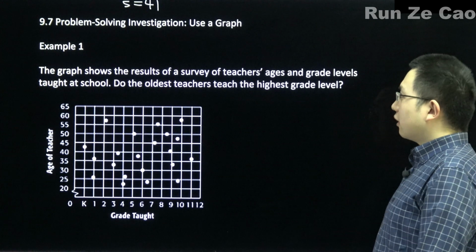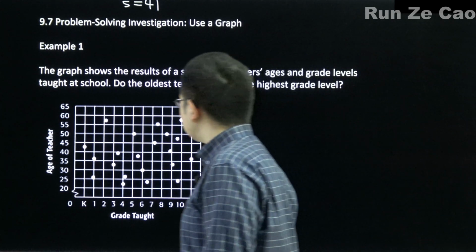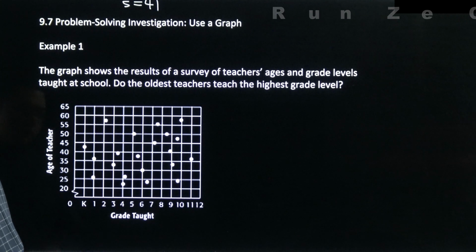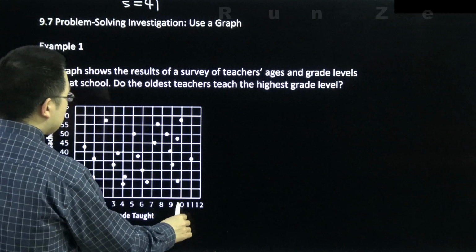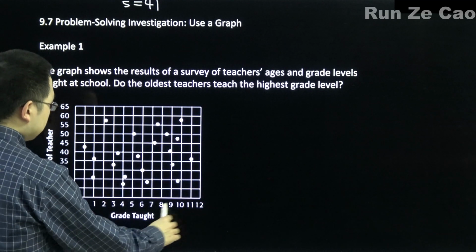Problem solving investigation. Use a graph. Let's look at this graph, which shows the results of a survey of teachers' ages and grade levels taught at school. Do the oldest teachers teach the highest grade level? Well, the highest grade level is 12.